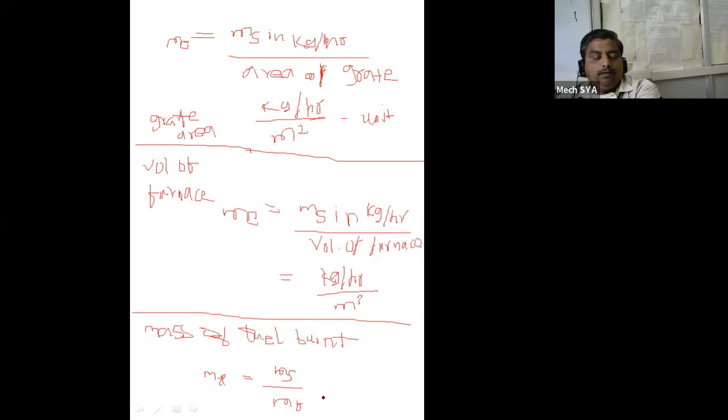Mass of steam in kg per hour divided by mass of fuel burnt in kg per hour. And the unit is kg of steam, since hour is the same, divided by kg of fuel. Okay, this is evaporative capacity.